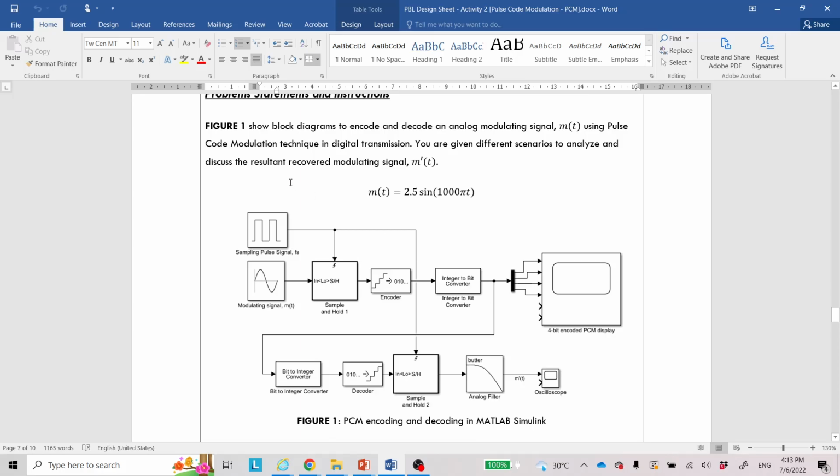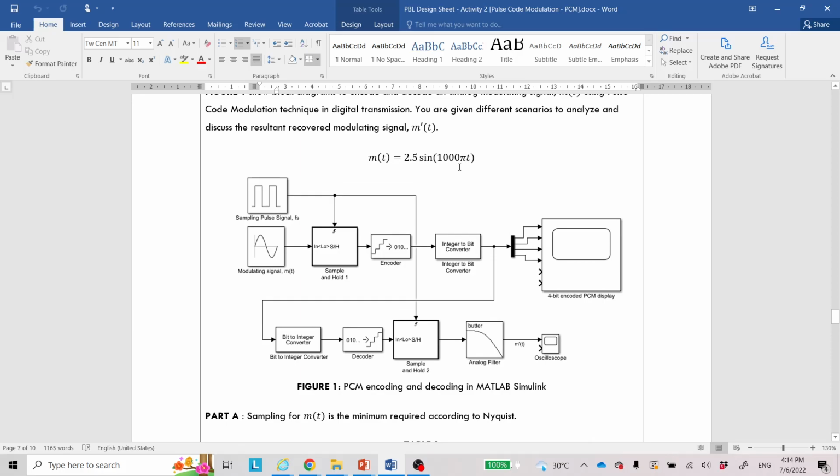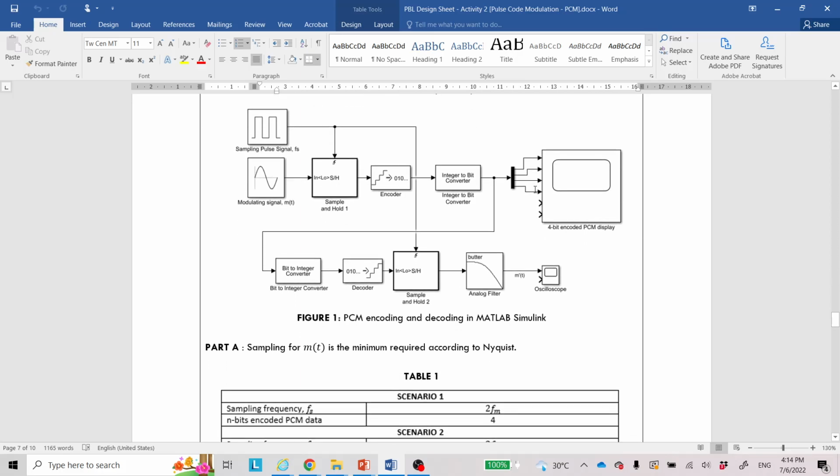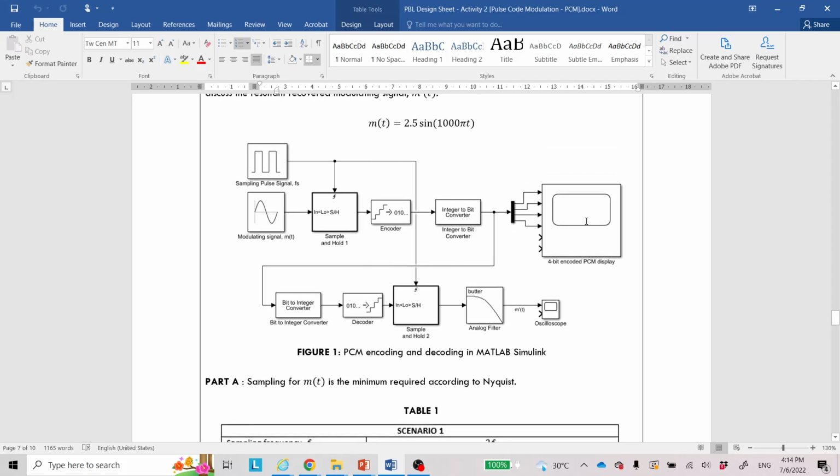Okay, so the input is given. Okay, 2.5 sin(1000πt). Okay, so now again, I repeat again, this involves transmitter and receiver parts.